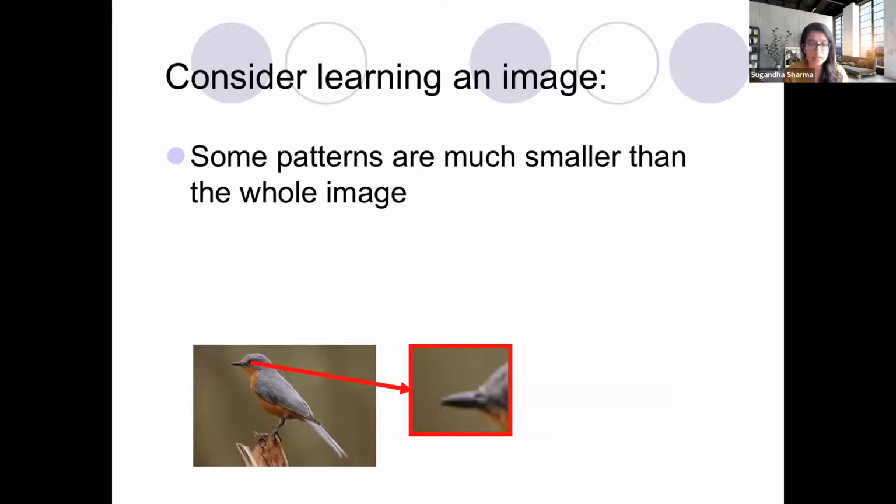So we can notice that if we're given a particular image, then there are certain patterns in the image that are much smaller than the image itself. And here I'm showing, for instance, the beak of this bird. And so we can imagine implementing something like a small beak detector, which instead of detecting everything in this image, just focuses on detecting beaks.